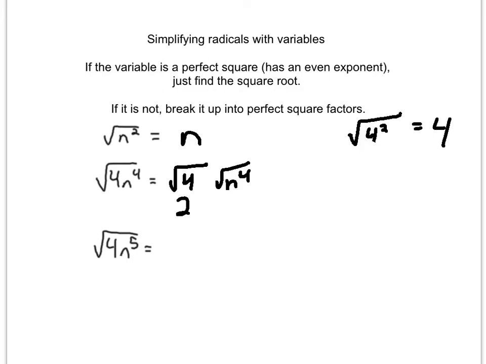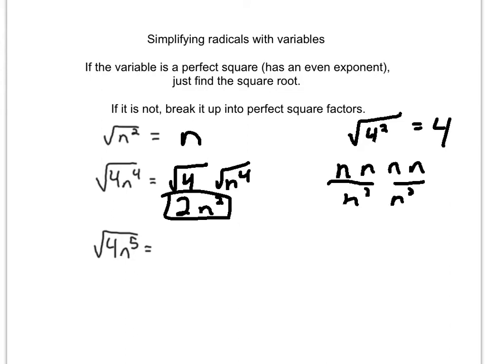We've got n to the 4th, that's n times n times n times n. If I have n squared times another n squared, that's going to give me n to the 4th. So the square root of n to the 4th is n squared.